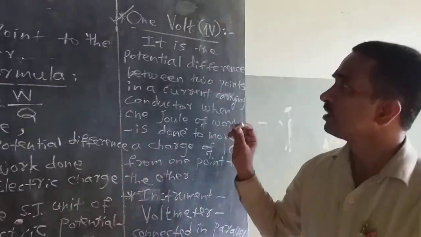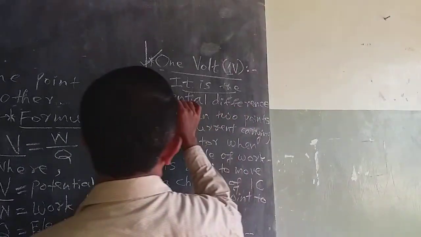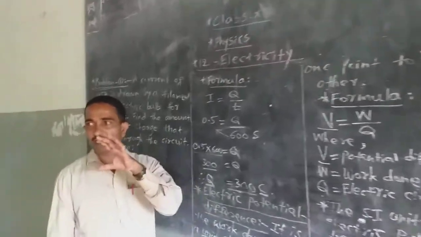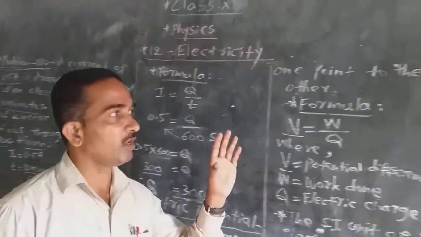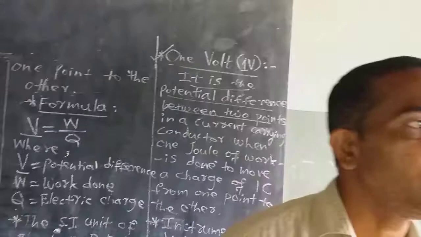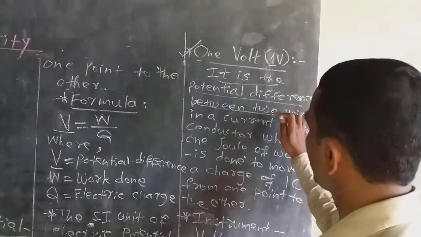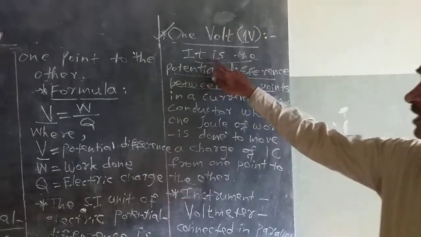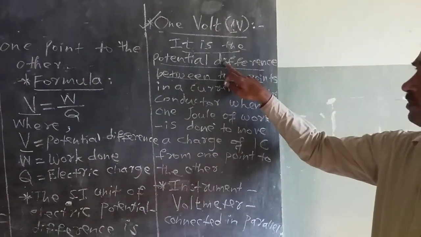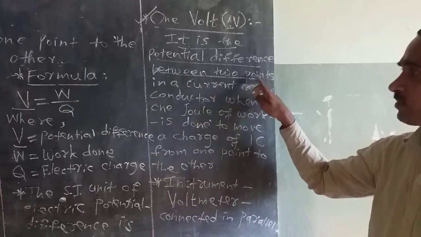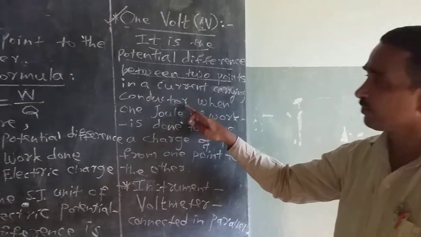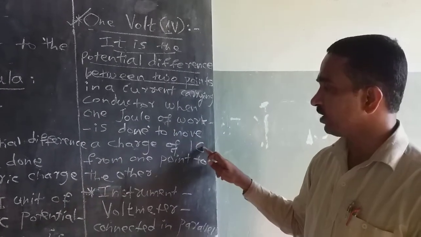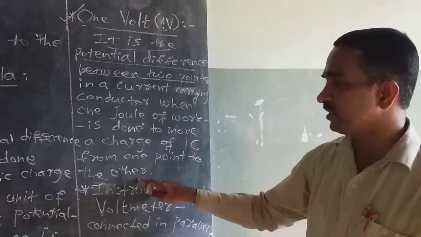See now, 1 volt is the potential difference between 2 points, means it is the work done to move a unit charge or specific number of charges from one point to the other. I will read the definition once again. 1 volt is the potential difference between 2 points in a current carrying conductor when 1 joule of work is done to move a charge of 1 coulomb from one point to the other.